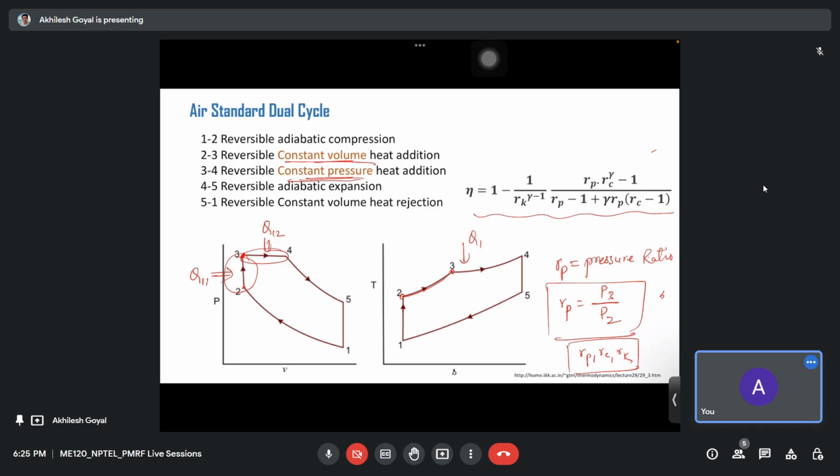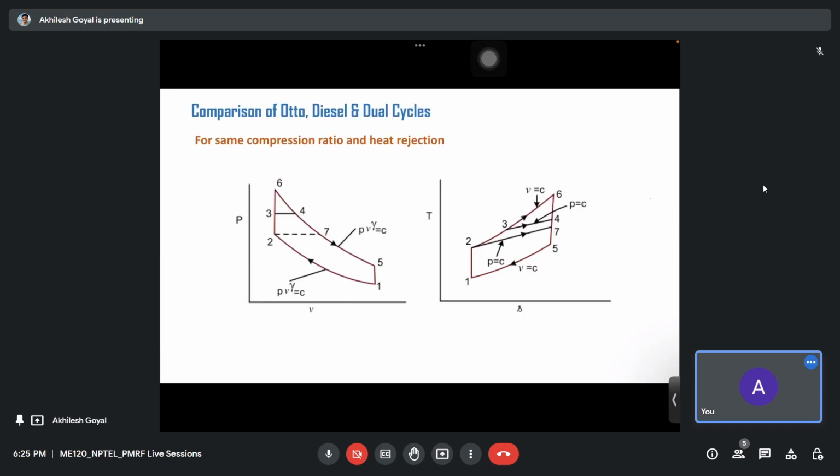Now how the efficiency varies, let's see the comparison of efficiencies of these three cycles. The comparison can be made based on two things. The first is constant compression ratio and heat rejection, and the second is highest limiting pressure and temperature. So the first condition is the same compression ratio and heat rejection.